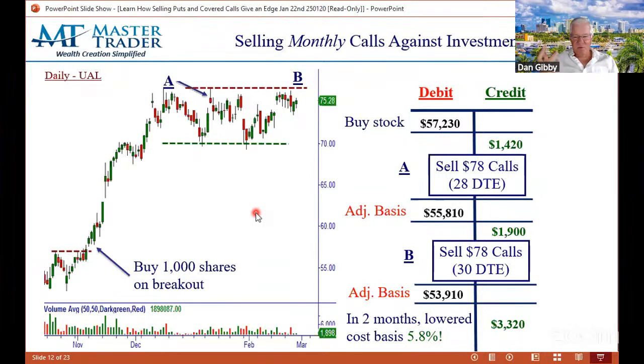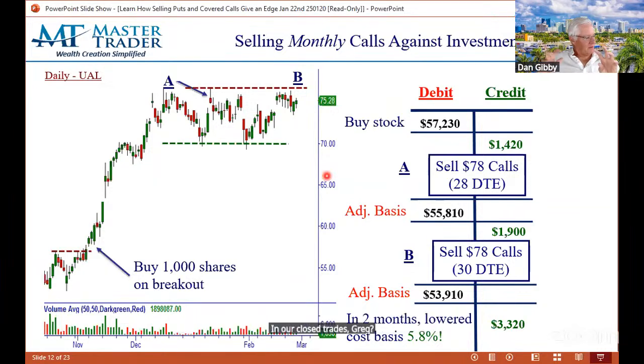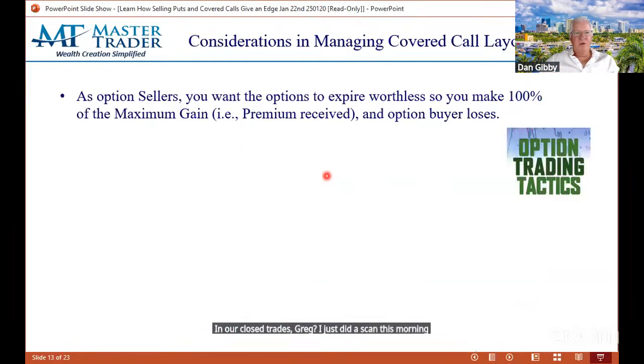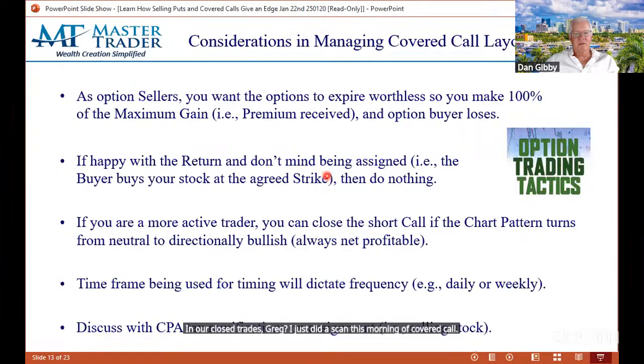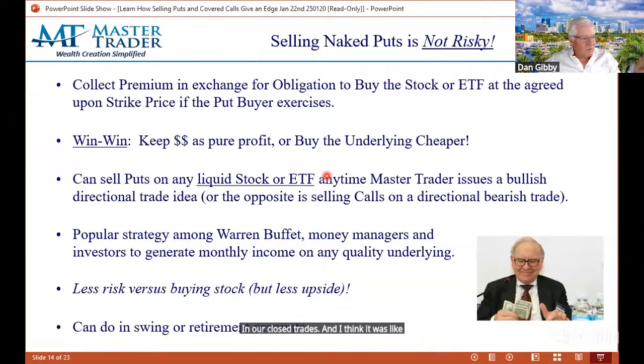I mean, do you all see the power of this? And you know what, Greg? I started to look for more current examples for this, and I'm like, these are beautiful. I don't need it. But guess what? In our closed trades, Greg, I just did a scan this morning of covered call in our closed trades, and I think it was like 240 hits came up.